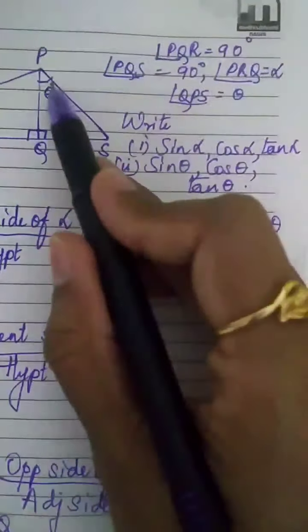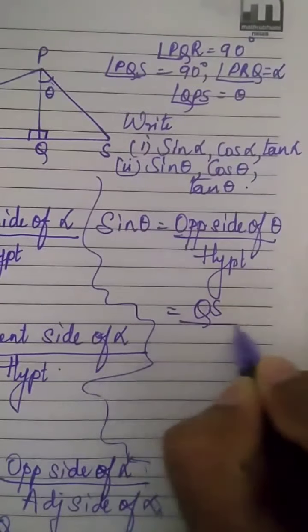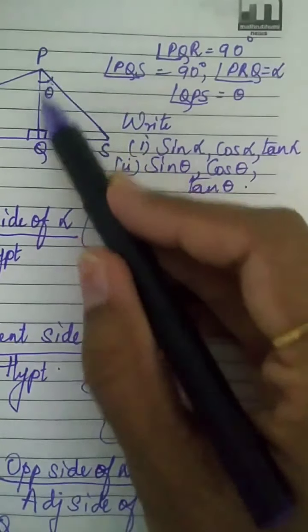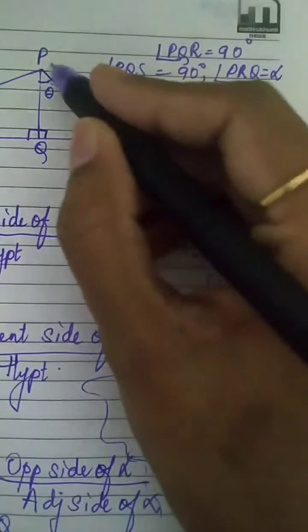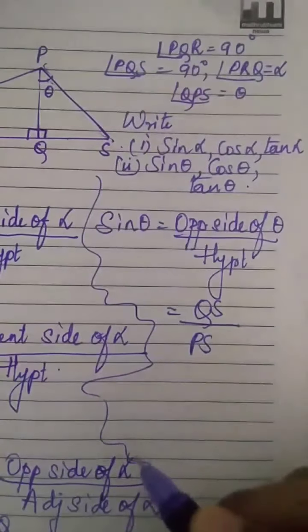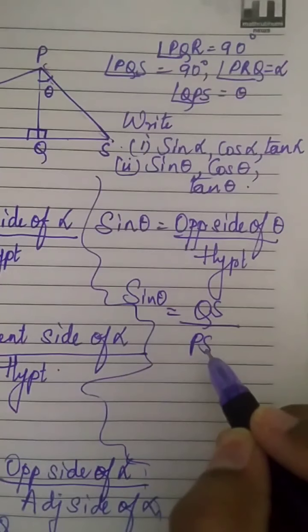So theta is here. Theta's opposite side is QS. This is the 90 degree, and for this triangle PQS, the hypotenuse is PS. Sin theta is equal to QS upon PS.